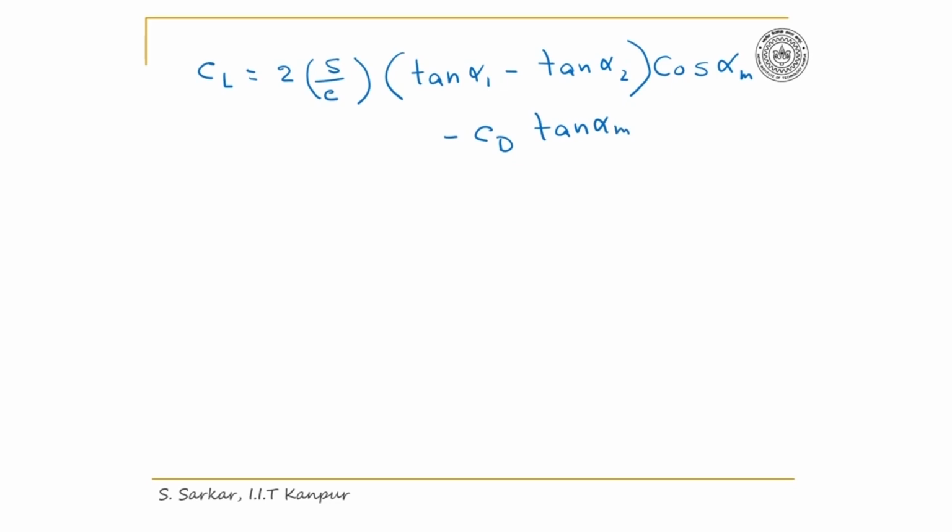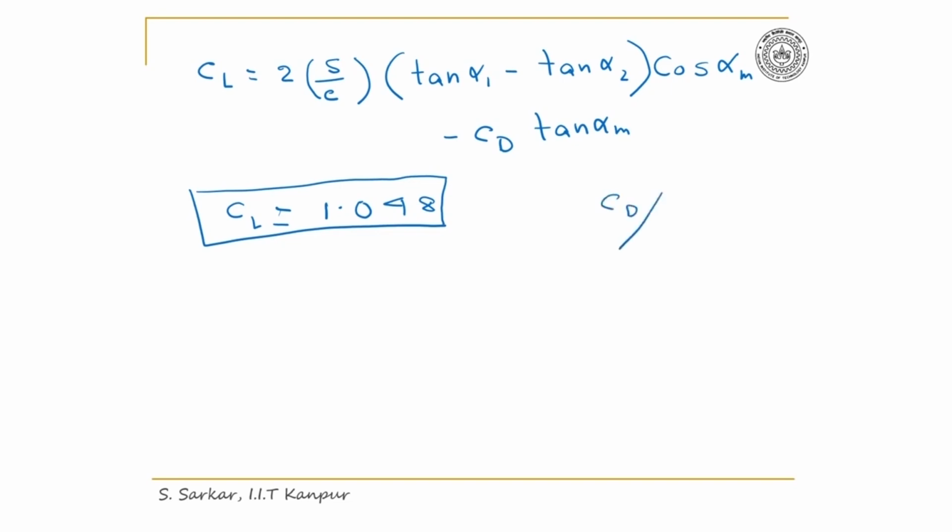Now you know all the values, so you can evaluate CL. The CL would be 1.048. This is the value of CL. Look, for the problem CD by CL is much less than 1.